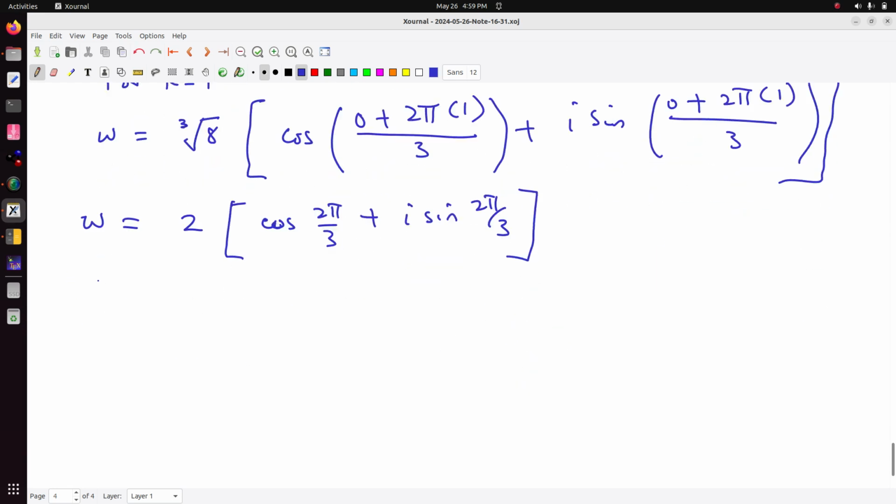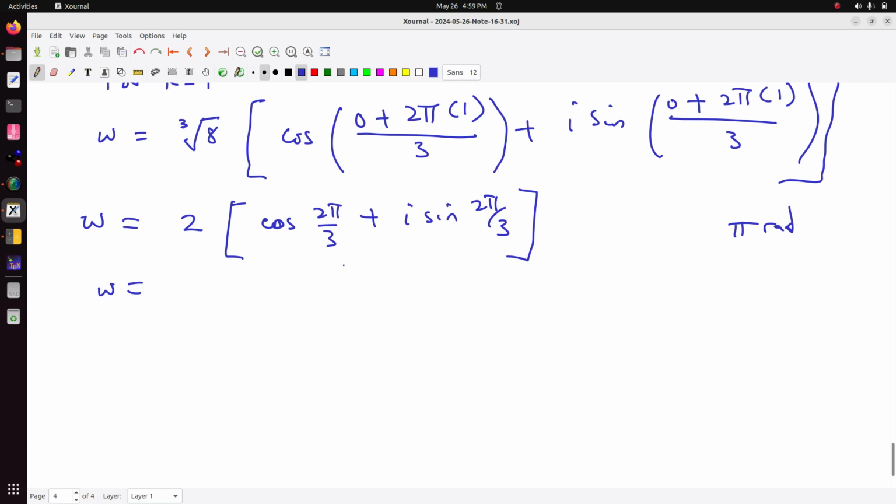Now, if you are using your calculator for this, you can change your calculator to radian, because this pi is in radian. You can change your calculator to radian, or you convert this 2 pi over 3 to degrees, then you find the cos of that angle in degrees.